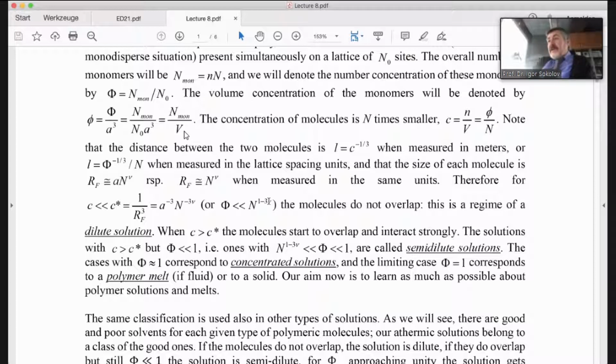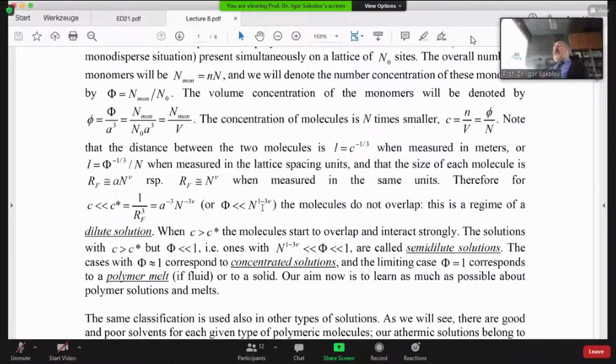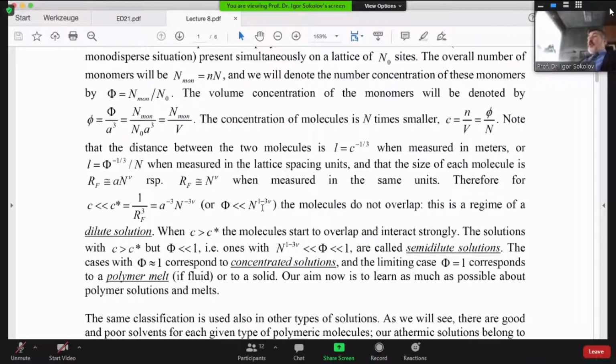Nu is 3/5. 9/5 is larger than 1, so I have here minus 4/5, practically N to the power of minus 1. So if the molecules are long, the concentration of monomers at the onset of the semi-dilute regime is extremely low.